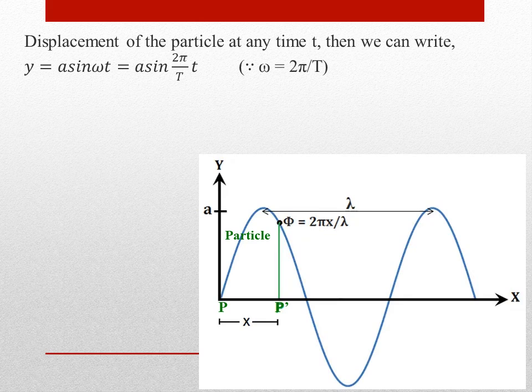Capital T is the time taken by each particle to complete one oscillation, and small t is the time reckoned from the moment the particle P has zero phase under the influence of the wave.